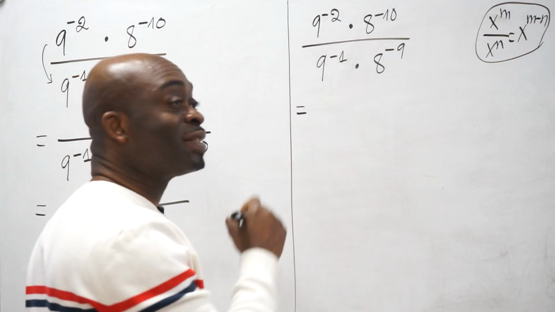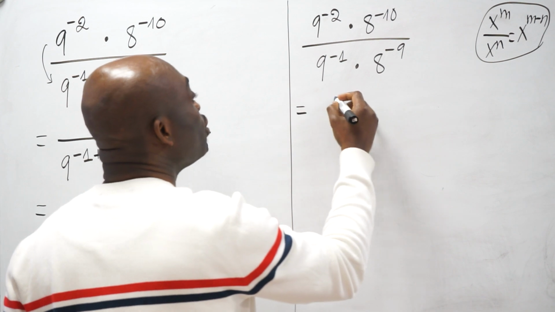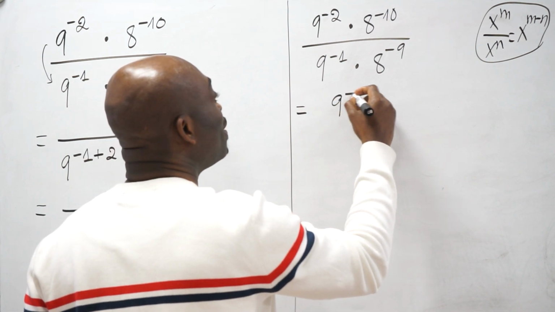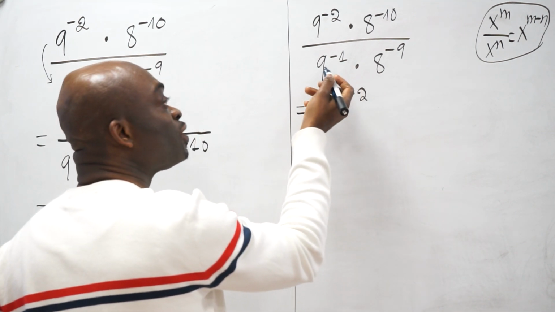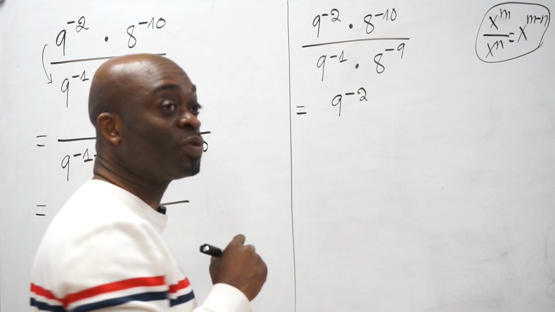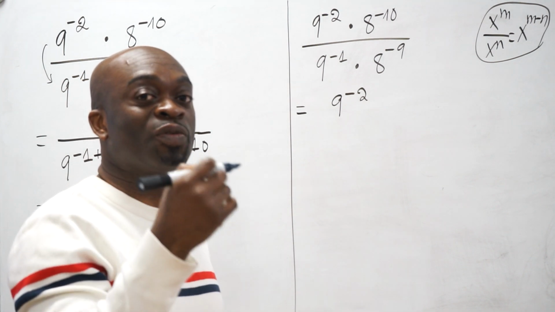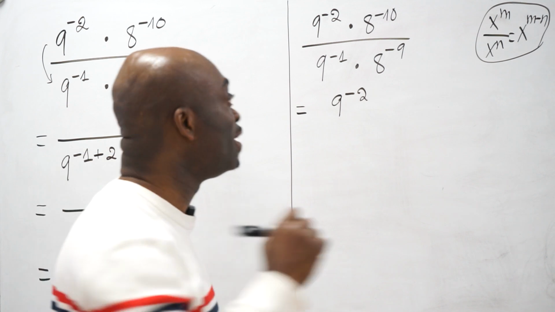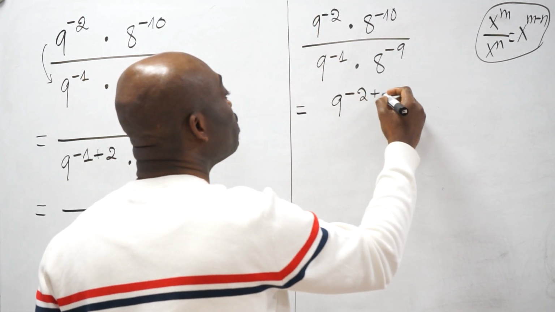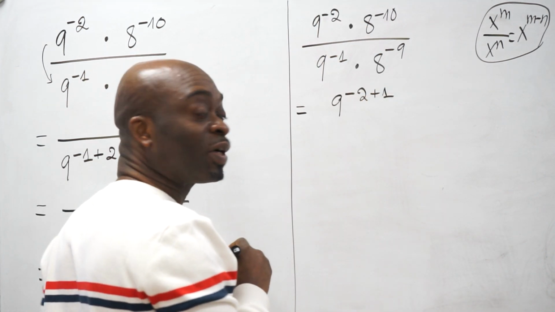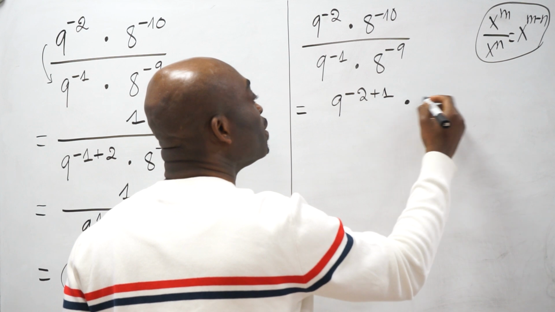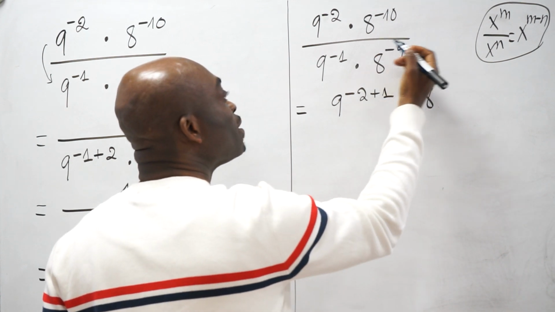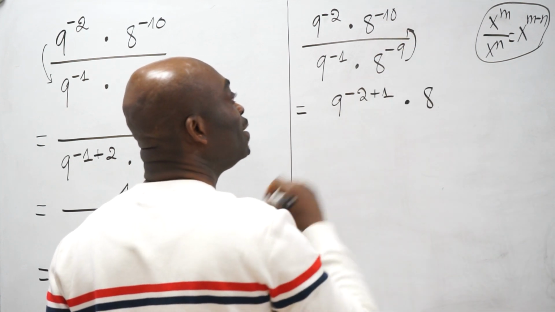Because of that, you're going to have 9 power negative 2, and the bottom one is actually the one going up. It doesn't matter which one is smaller or larger like in the previous case. So this one goes up and becomes plus 1.